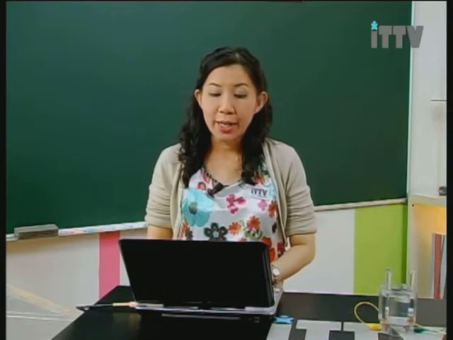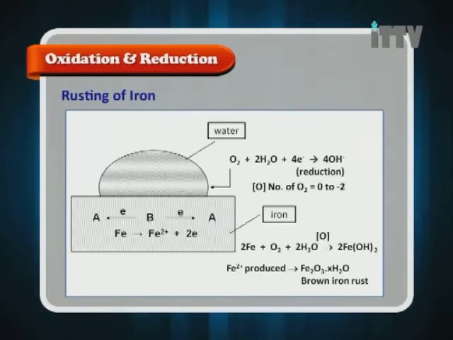If we look at the diagram in the slide, there is a droplet of water on a piece of iron metal. So if you notice, there are regions A and regions B. Oxygen will actually be reduced by receiving 4 electrons to become 4 OH-. So the oxidation number of oxygen has changed from 0 to -2.